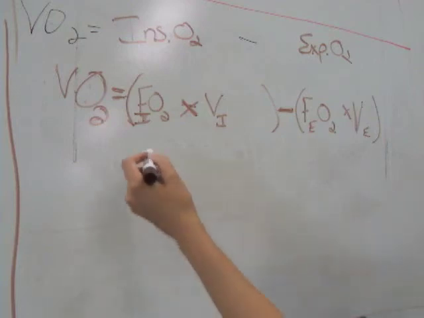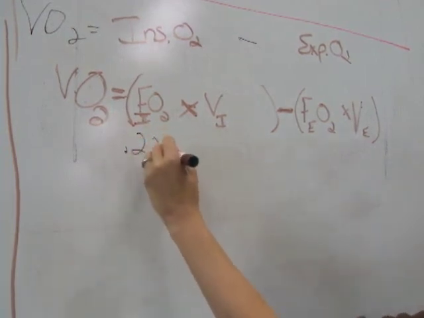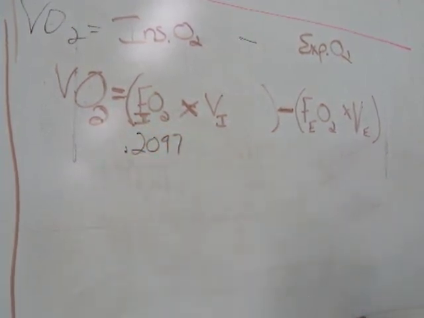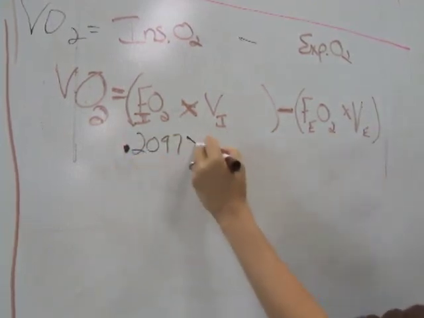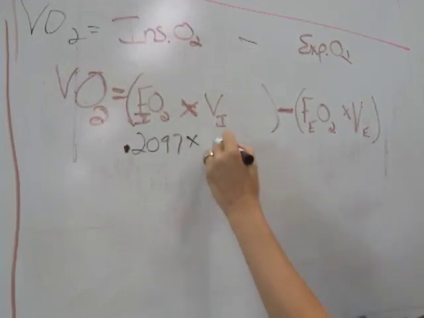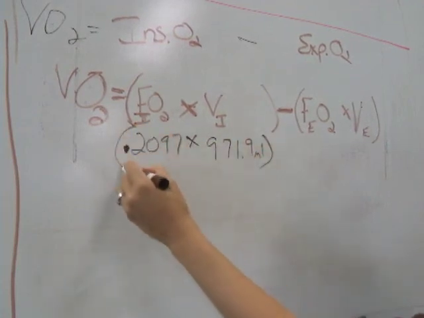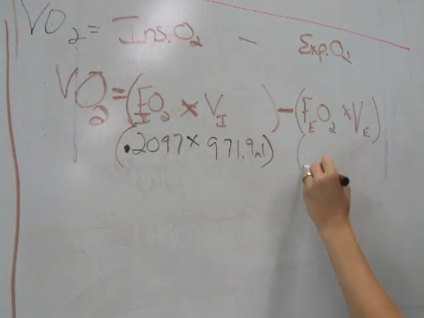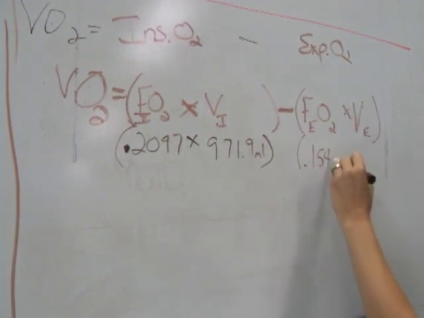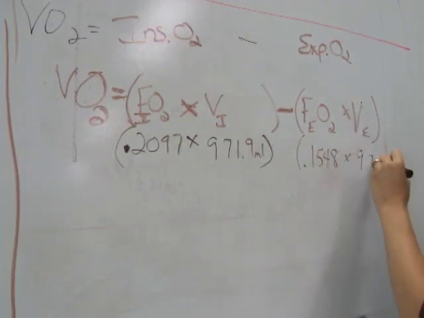I'm going to carry this down so you can see where the numbers are coming from. 0.2097, that's the fraction of oxygen that's in the air, times the volume that is inspired that we just figured out, 971.9 milliliters. And the fraction that was expired that was oxygen, 0.1548, times the volume that was expired, 974.1 milliliters.